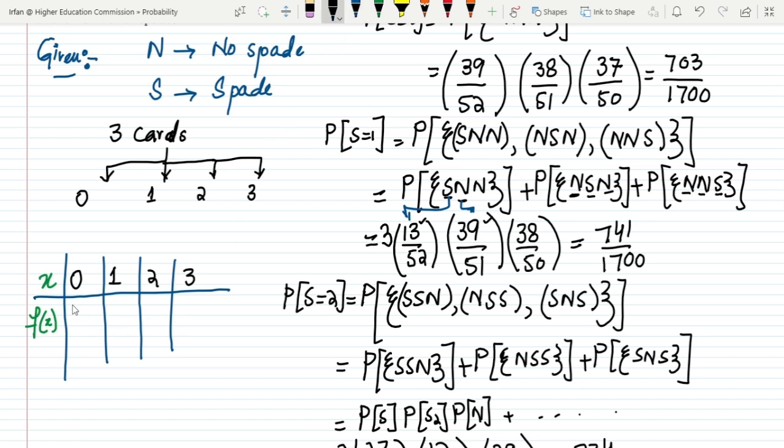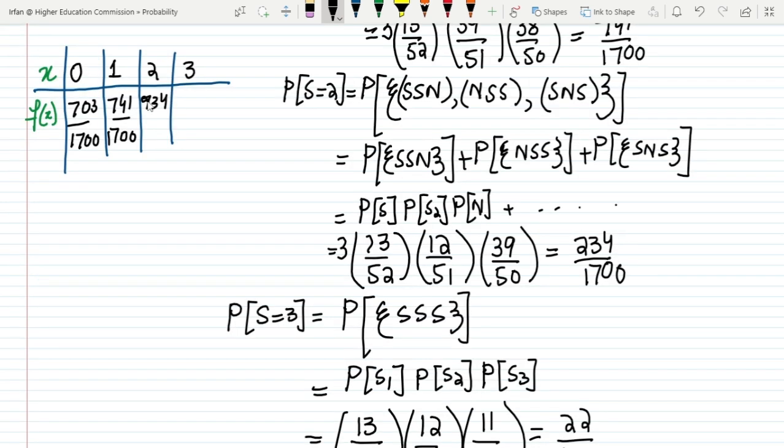Now putting their probabilities, the probability that spade is 0 is already given, that is 703 by 1700. For spade equal to 1, that is 741 divided by 1700. For two spades, this is 234 by 1700. And the last one for three spades is 22 divided by 1700.